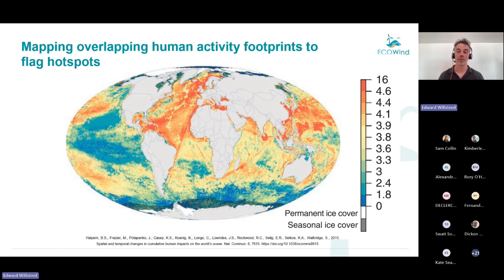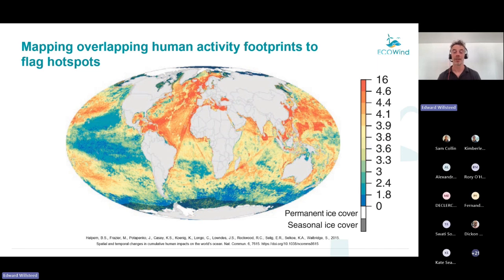And to flag that cumulative effects are ubiquitous, this is a map of the footprint of human activities, at least those that we've got data sets for, across the globe. So Ben Halpern and colleagues, who were instrumental in 2008 in bringing greater attention to cumulative effects in the marine environment, have subsequently repeated that approach and methodology a number of times to show change over time.